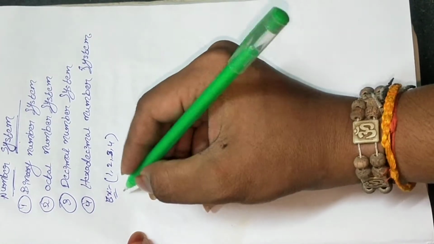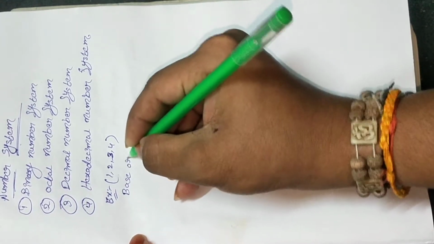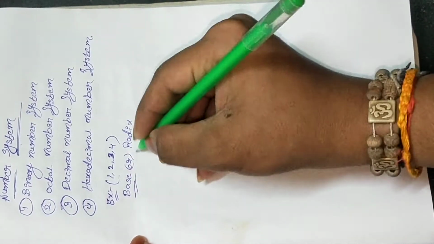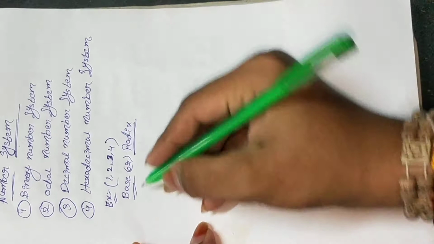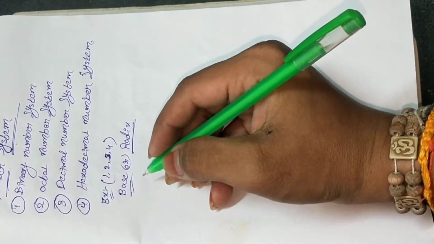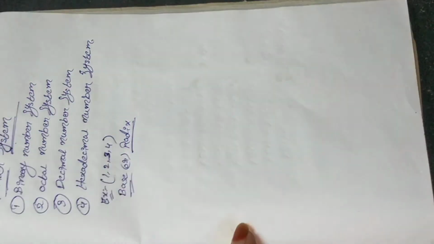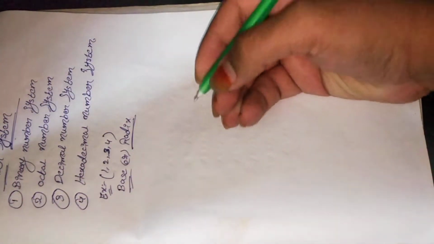In this number system we have base or radix. What is base? Base represents the number system that particular.